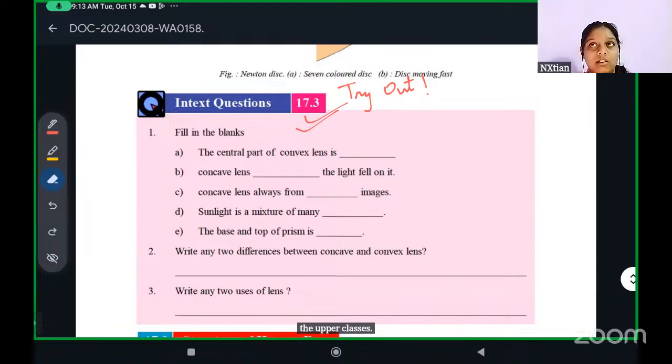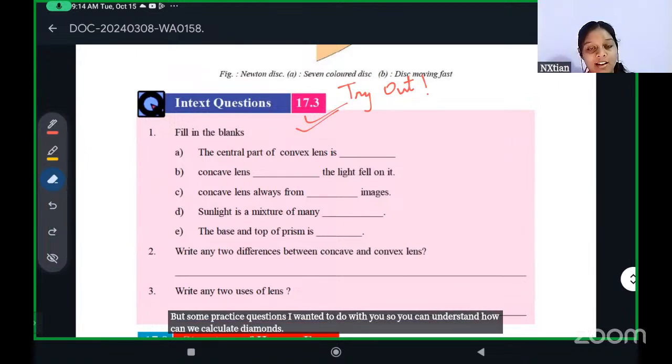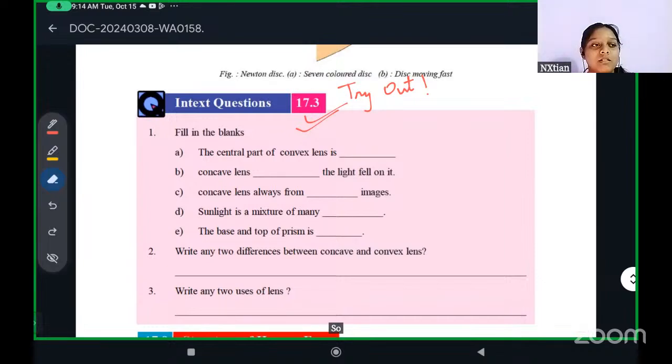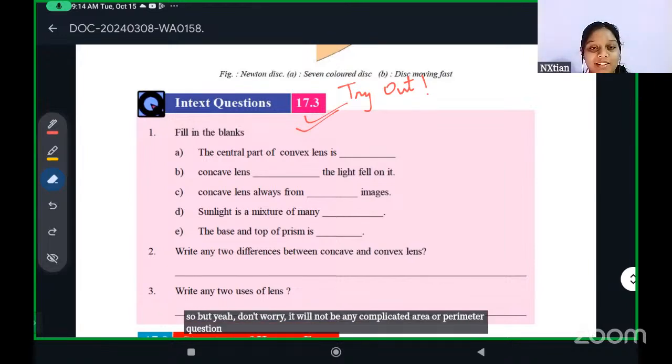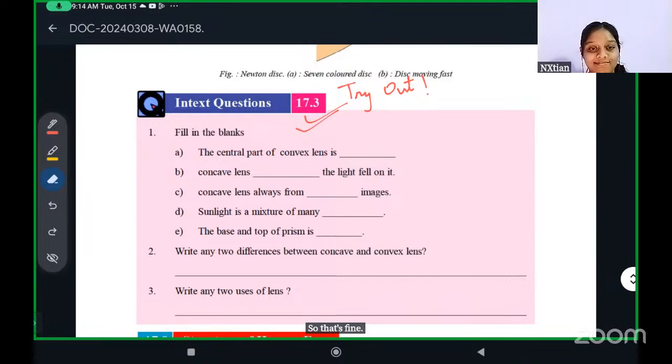I covered the questions which are required right now at your level, according to what we studied. In your book, it's only theory of quadrilaterals, but some practice questions I wanted to do with you so you can understand how we calculate the angles. I have not really made the paper yet, but don't worry, it will not be any complicated area or perimeter question. So that's fine.